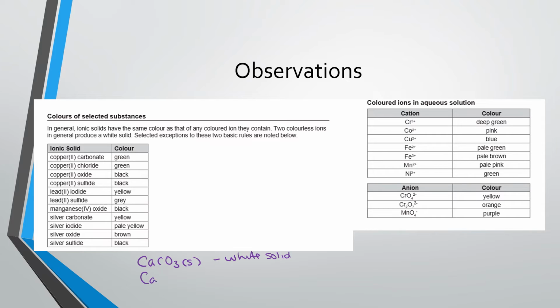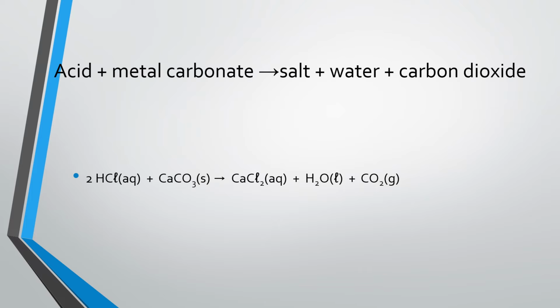And calcium chloride, which is in solution, there's no calcium ions here, so it must be a colourless solution. So our overall observations would be, this is a colourless solution, this is a white solid, colourless solution, colourless liquid.